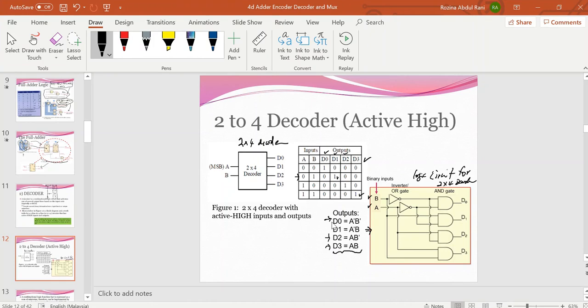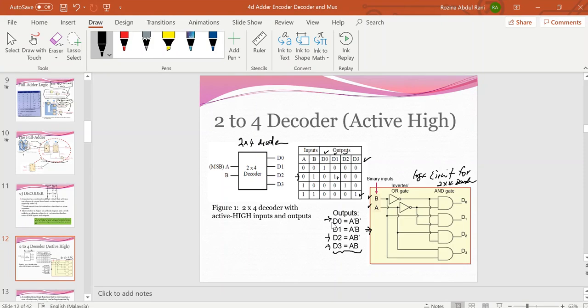So only one output can be active or high at any one time. Therefore, whichever output line is high identifies the binary code present at the input. In other words, it decodes the binary input.